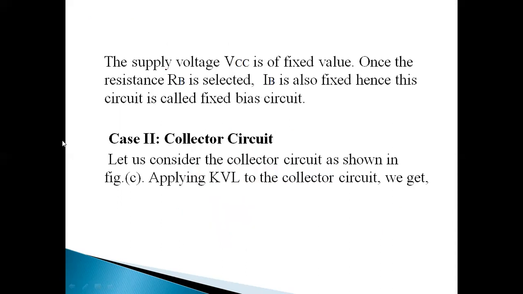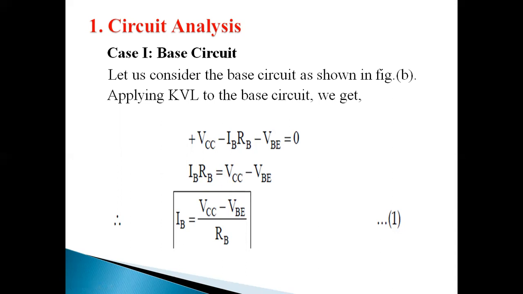The supply voltage VCC is of fixed value. Once the resistance RB is fixed, then IB is also fixed. Hence, the circuit is called fixed bias circuit. If you observe this equation, the supply voltage VCC is fixed, and based upon the manufacture of the transistor, the VB value is also fixed. For silicon, it is 0.7, and for germanium, it is 0.2 to 0.3. And the resistance RB is also fixed.